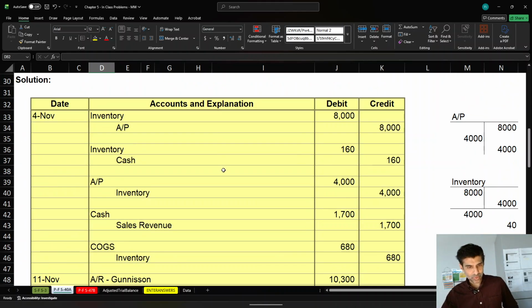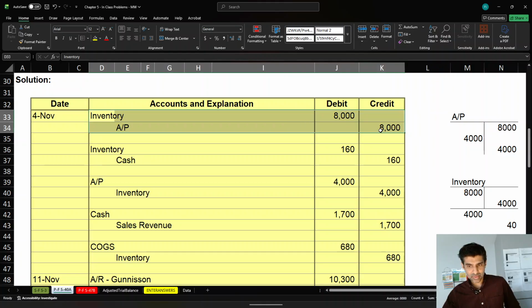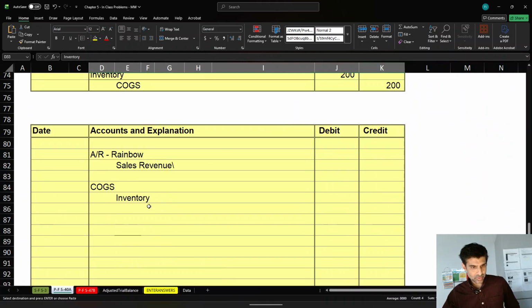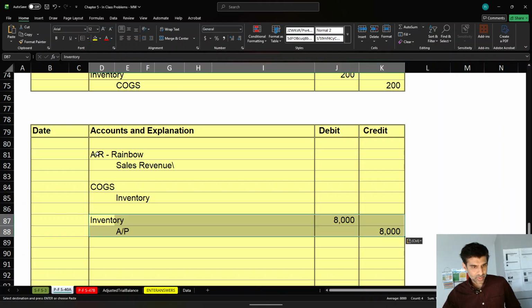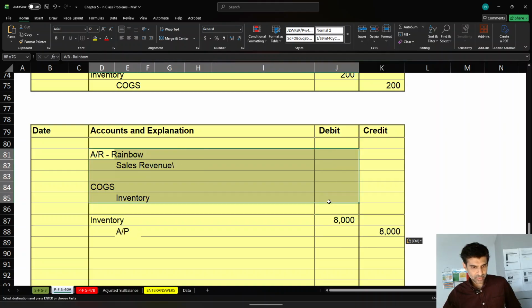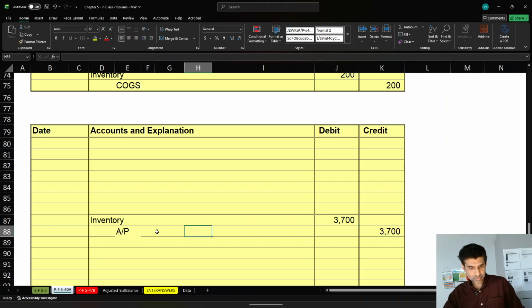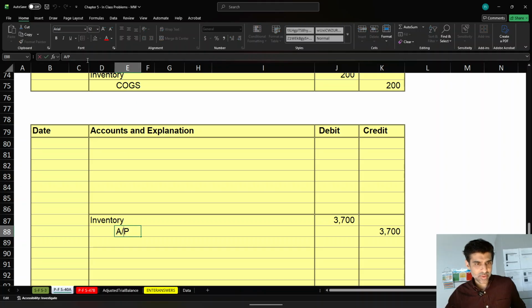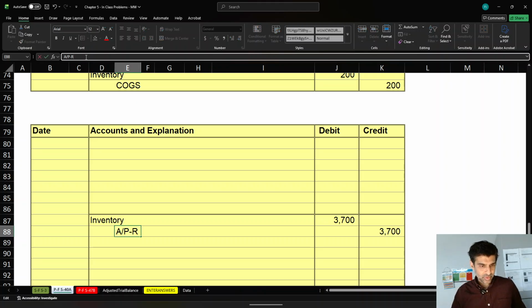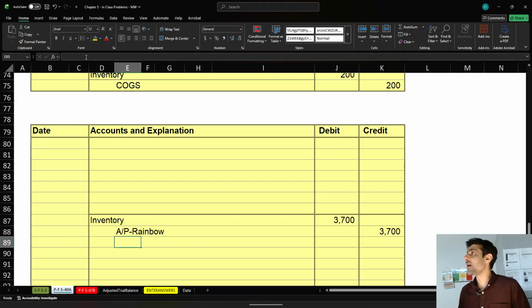Sorry, so totally wrong. It's going to be this. So I'm going to get rid of this. 3,700, 3,700. Okay. And this is AP. I guess you can track the AP separately. This is to Rainbow. That's our vendor, not our customer, because this is a purchase transaction.